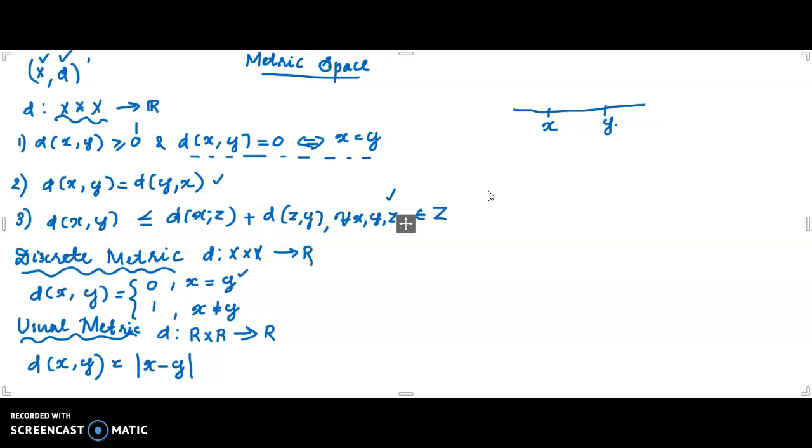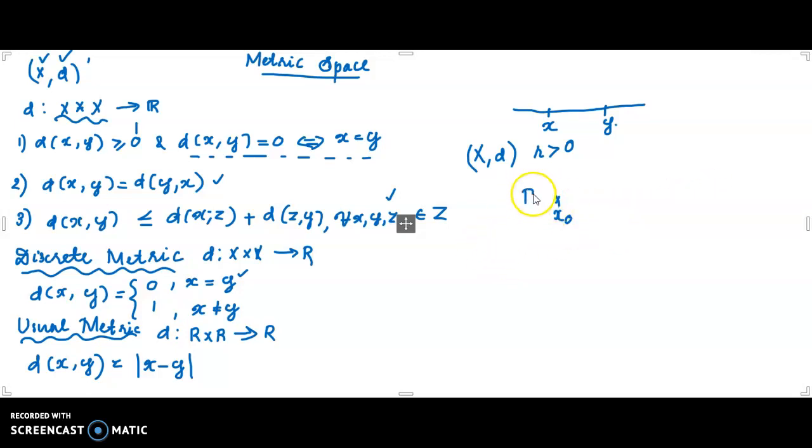Now we can come to the concept of an open ball. Suppose that we have a point x0 in the space capital X. Already we have a metric in the space X. X is the space, D is the metric on X. And for r greater than 0, we define the open ball with the center x0 and radius r.